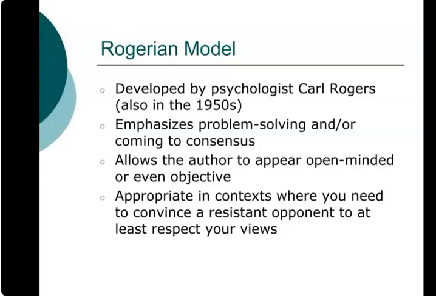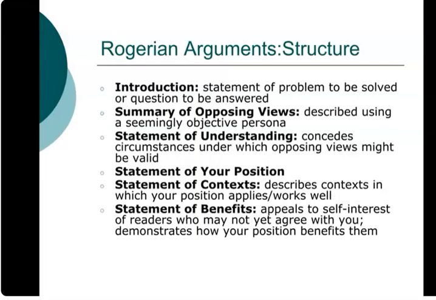Maybe we need to think about and address and try to understand the opposition's argument in order to come to a consensus. So this allows the author to appear open-minded or even objective, and it's appropriate in context where you need to convince a resistant opponent to at least respect your views.